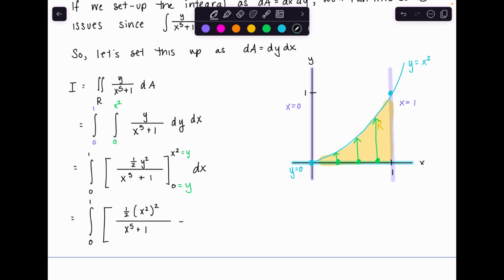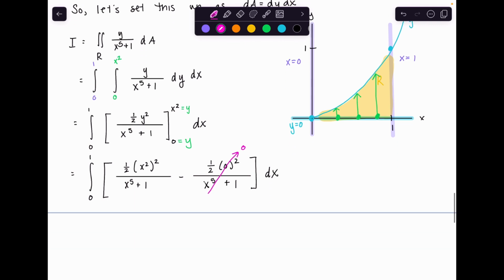And then thankfully, when you plug in 0, this second one disappears completely. So this one is gone. So going through, I can take this 1/2 out front, and this is the integral from 0 to 1. X squared squared is going to be x to the fourth divided by x to the fifth plus 1.